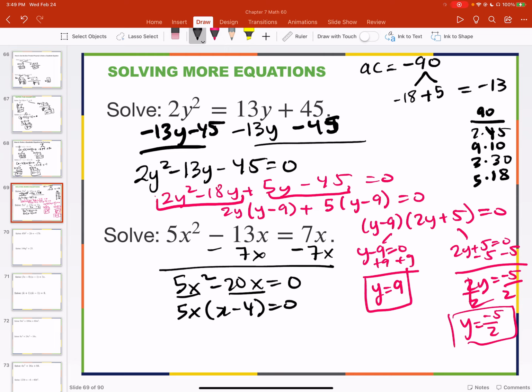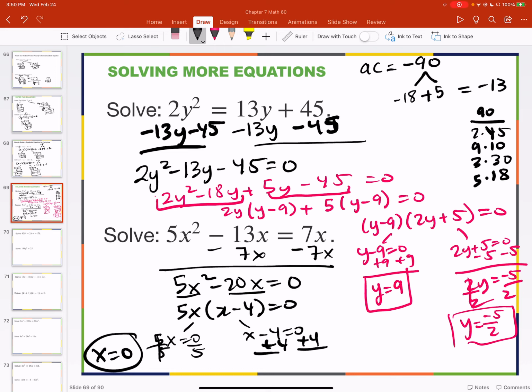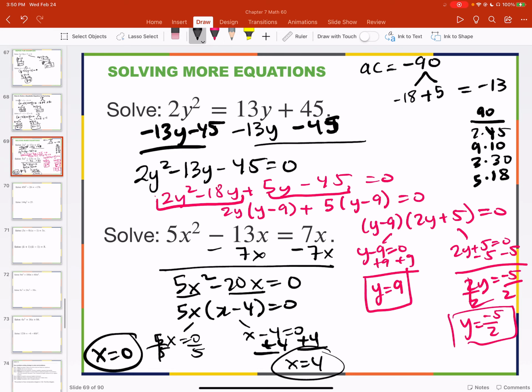It's factored, so we can use zero product property: 5x equals 0, x minus 4 is equal to 0. Divide by 5, x is equal to 0. That's one answer. For the other, add 4 to both sides, and we get x is equal to 4. That's the second answer.